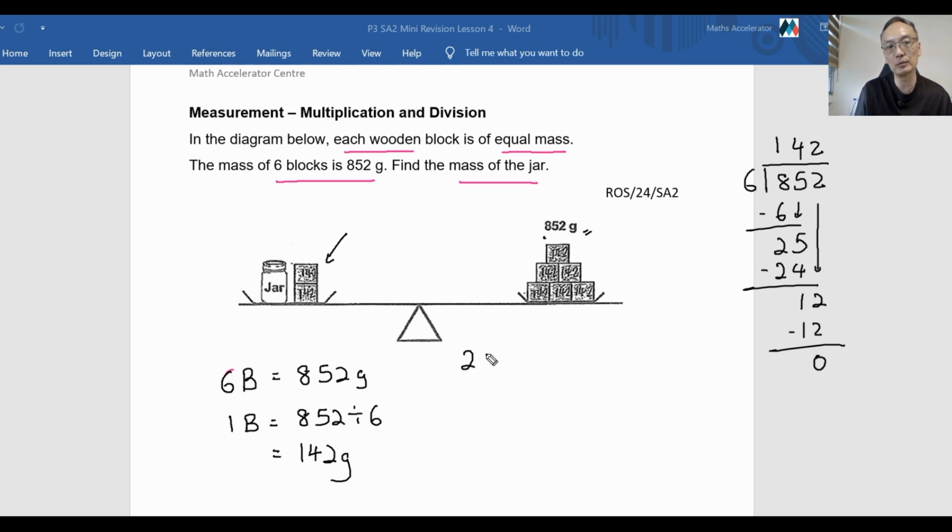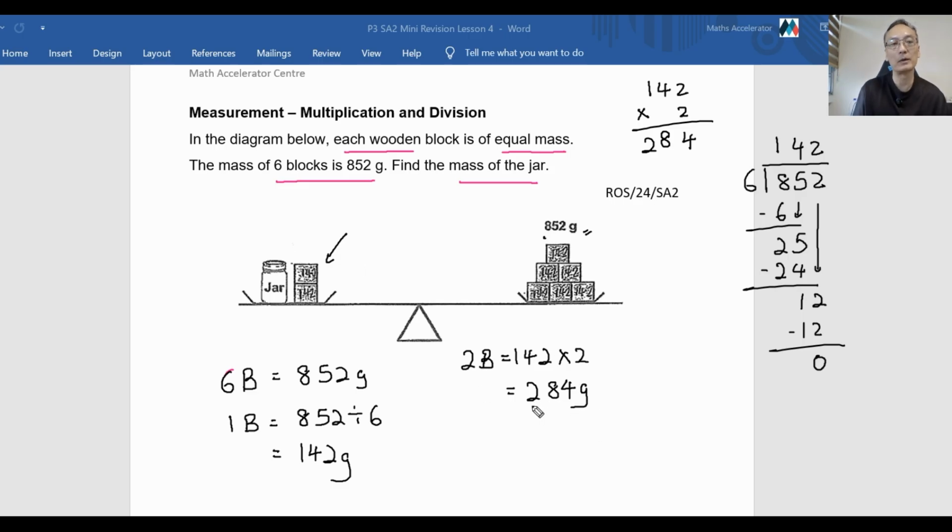So we write over here 2 blocks will give us 142 multiplied by 2. 2 times 2 will give us 4. 4 times 2 will give us 8. 1 times 2 is 2. So these 2 blocks will have the mass of 284 grams.